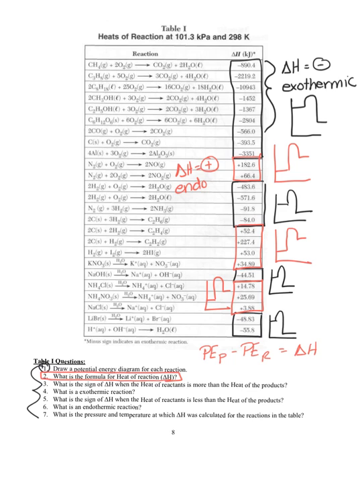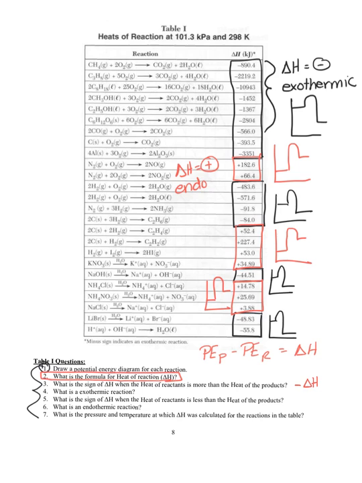What is the sign of delta H when the heat of reactants, okay, that's the potential energy of reactants, they're calling it heat of reactants, it's the same thing, heat and energy are the same, is more than the heat of products? Well, if the heat of reactants is more than the heat of the products, then it is an exothermic graph, and if it is an exothermic graph, then it is going to be negative delta H.